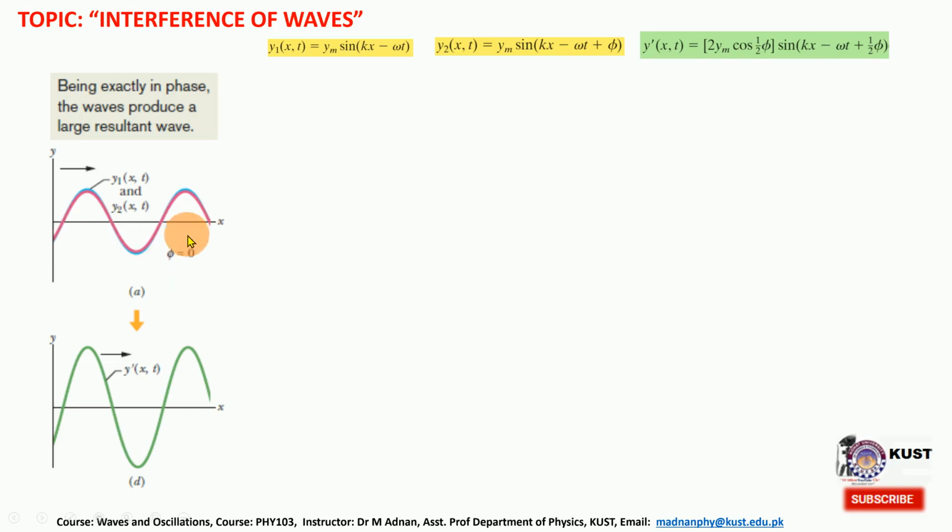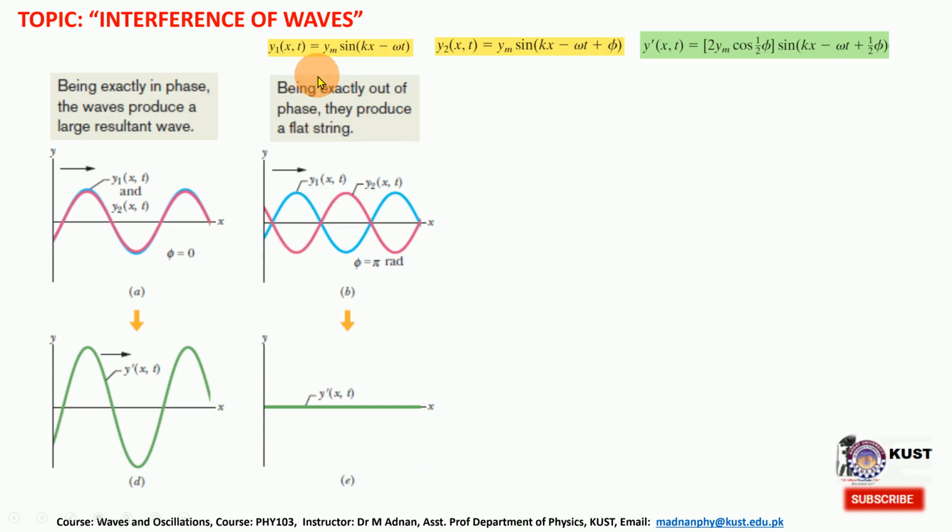Once phi is 0 and these two waves are traveling along the positive x direction, as one can find out with the help of the argument of the sine function, the amplitude will be doubled. That is, y prime will be equal to 2ym, and it is still sinusoidal.